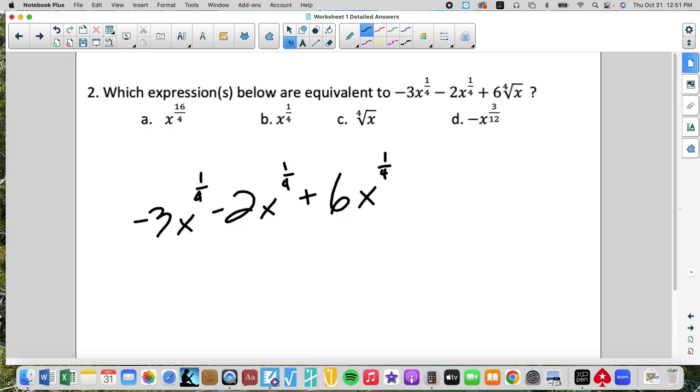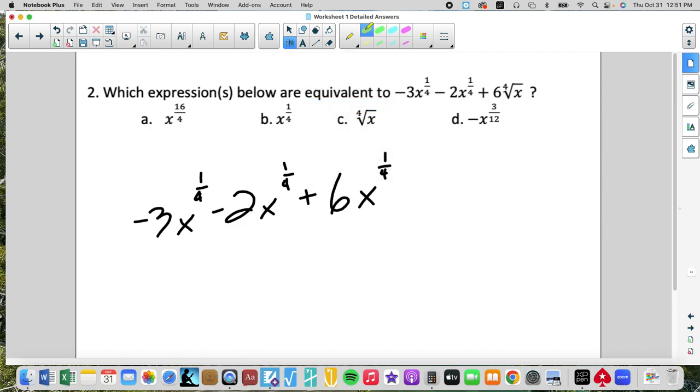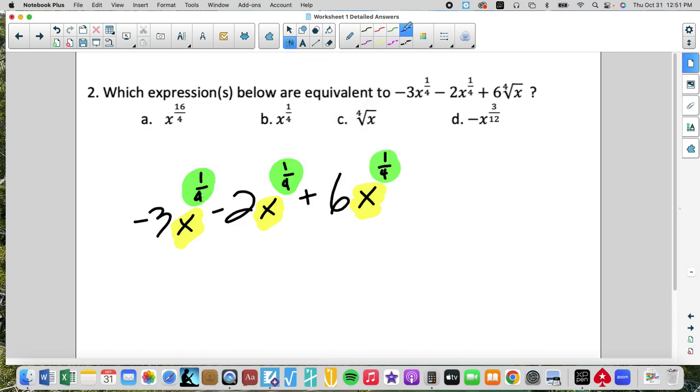Now we have all like bases, or like terms. Like terms have the same base to the same exponent. So since these are like terms, we can combine their coefficients.